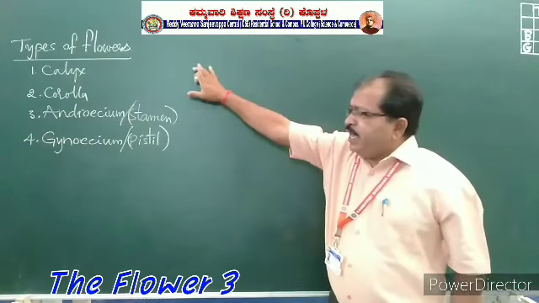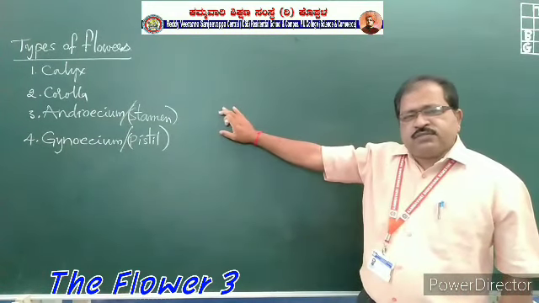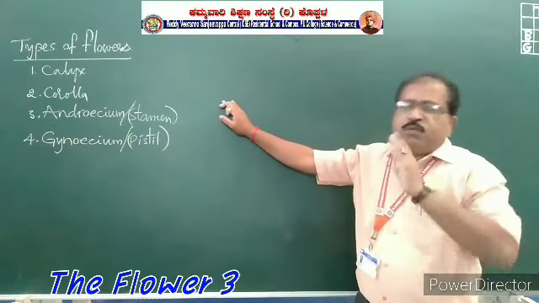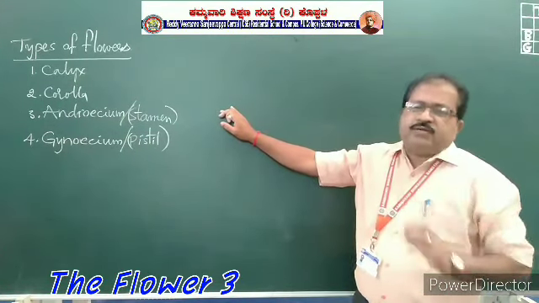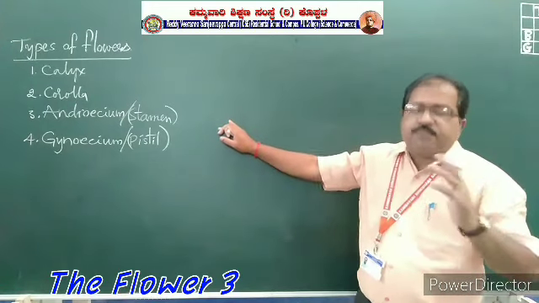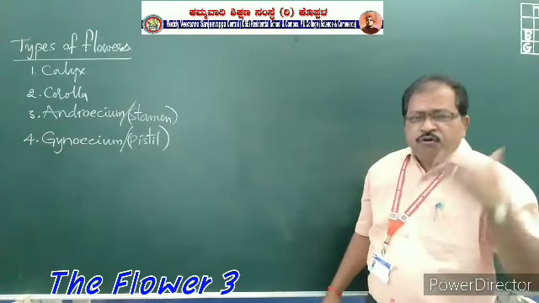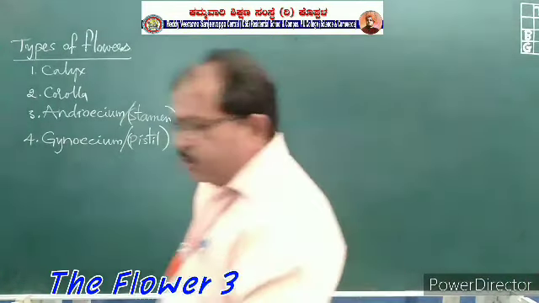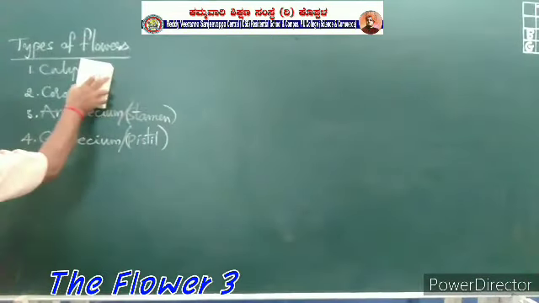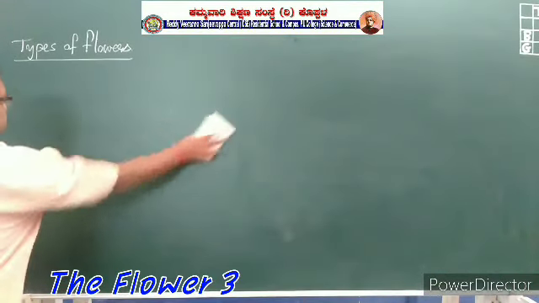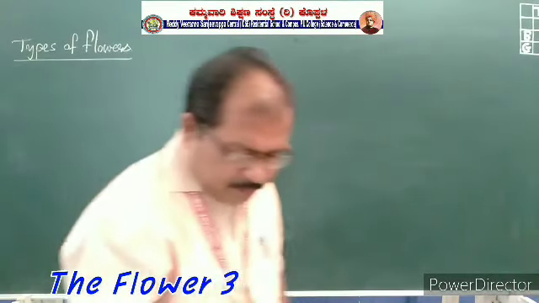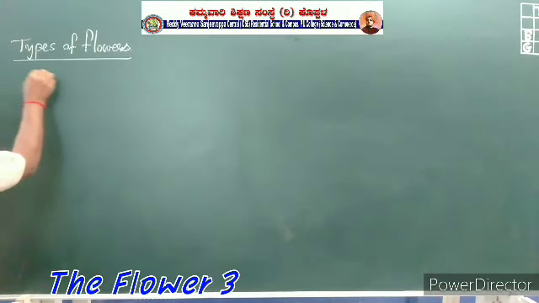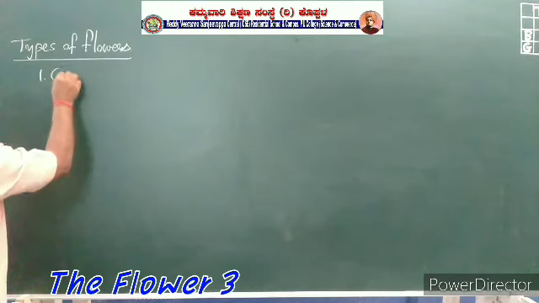So, based on the arrangement or presence of these parts in the flower, there are many types of flowers. Let me explain the types of flowers one by one, based on the presence of these four parts. First let me write and then explain. The first one, complete flower.